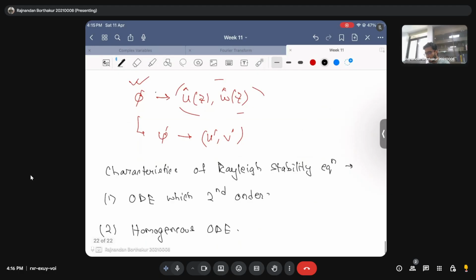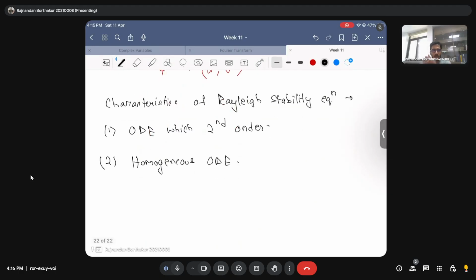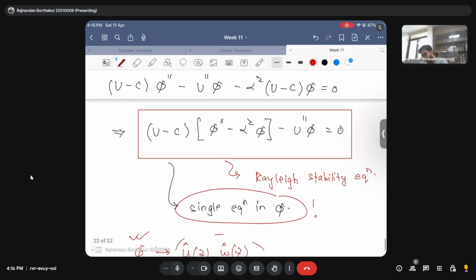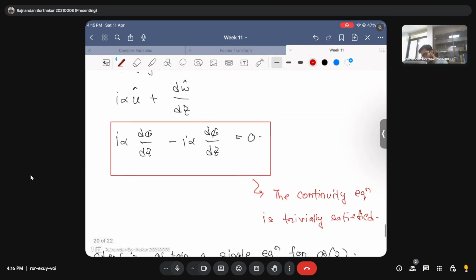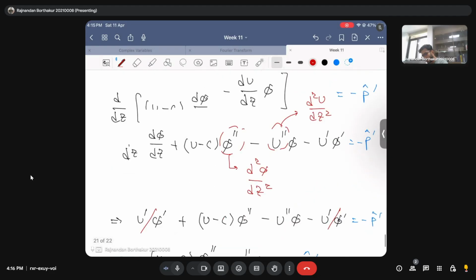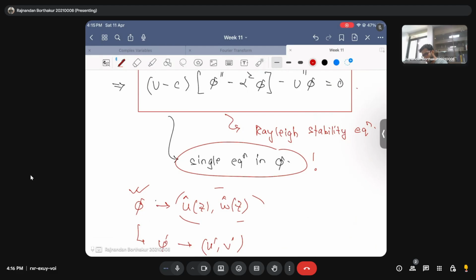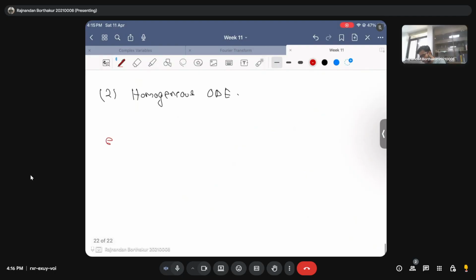We are looking into specific solutions of phi which predict whether the disturbances grow or decay with time, which means that this equation, equation 15 that we have written, is an eigenvalue problem.